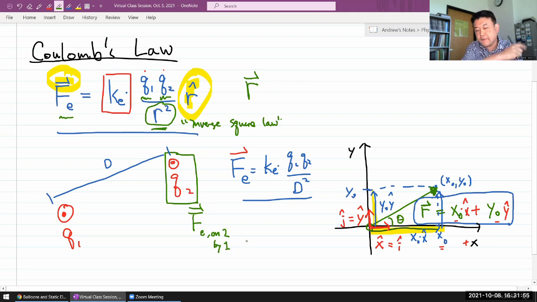Then the R vector that we have in mind is the vector that goes from the source charge, the charge that's exerting force, and goes like an arrow and ends at the charge that's feeling the force. This is my R vector.